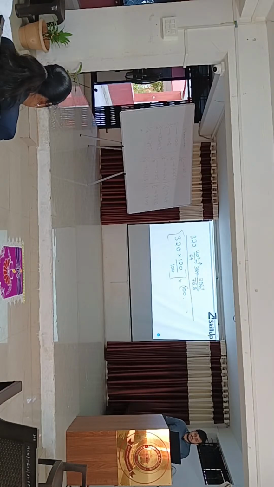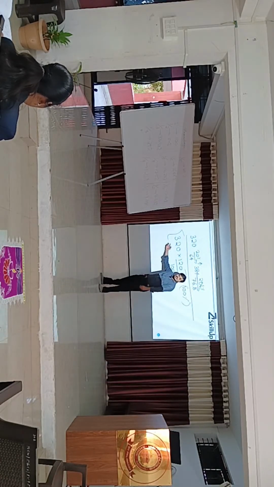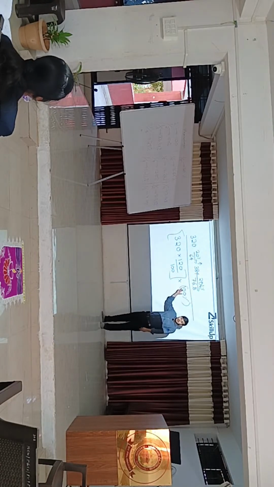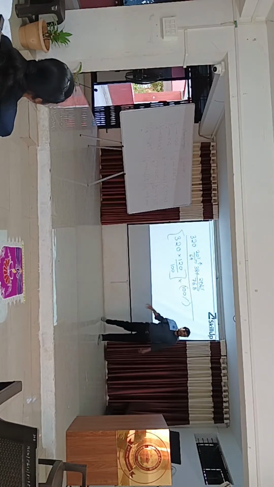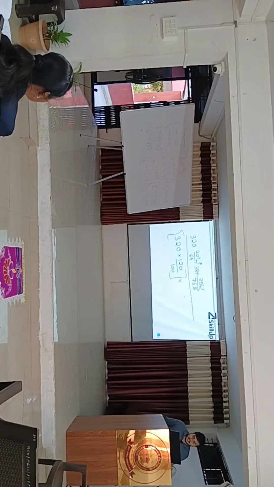Is it true or false? You'll get some value here. That complete value is your 100%. From that 100%, how much are you reducing? 20%. So 100 minus 20 is 80. So I can directly write down as 80 divided by 100.